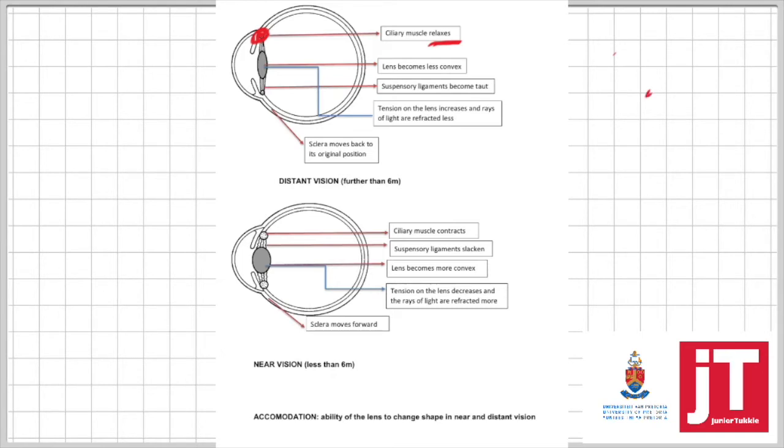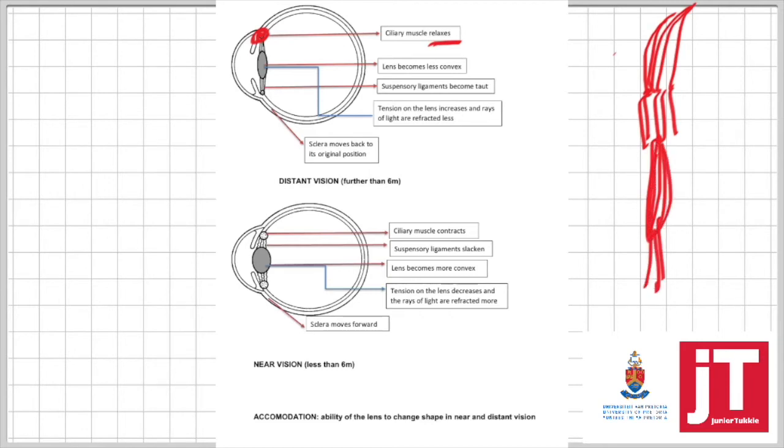When this muscle relaxes, it moves backwards, and that will cause the suspensory ligaments to get tighter, and as it's getting tighter on either side, it causes the lens to become thinner. So the ciliary muscle relaxes, moves backwards, the suspensory ligaments become taut or tighter, and the lens becomes less convex.